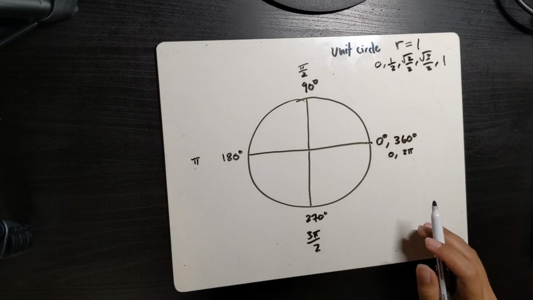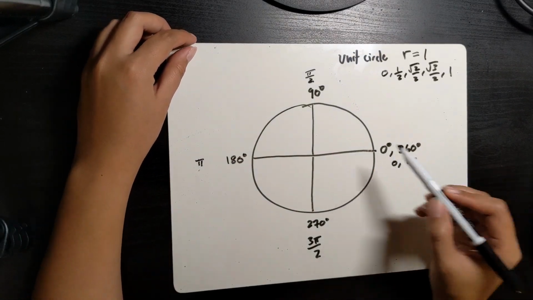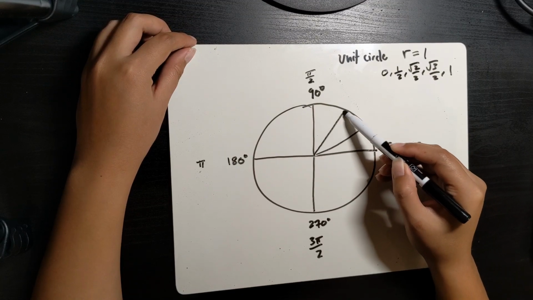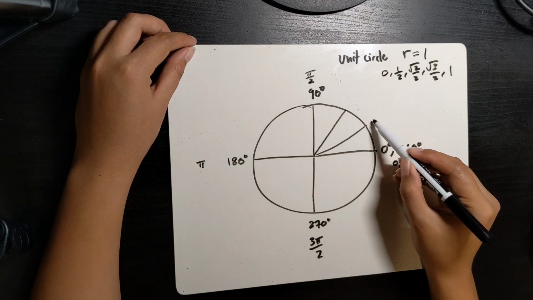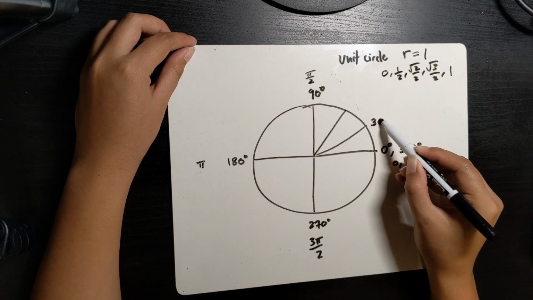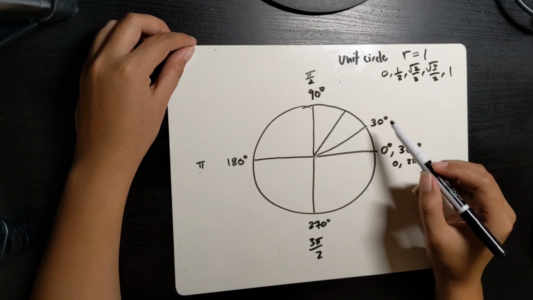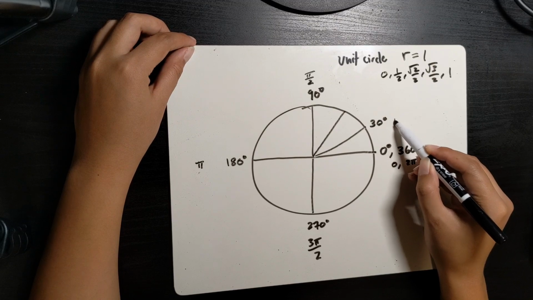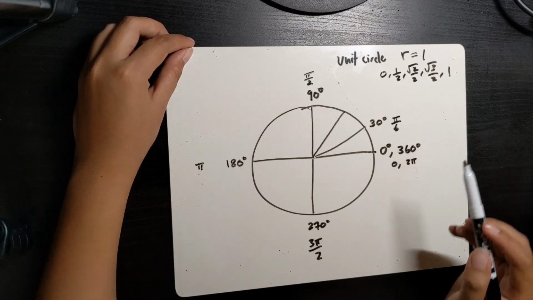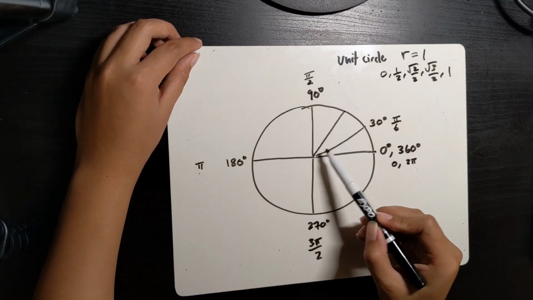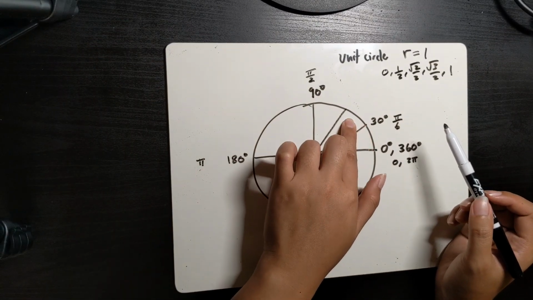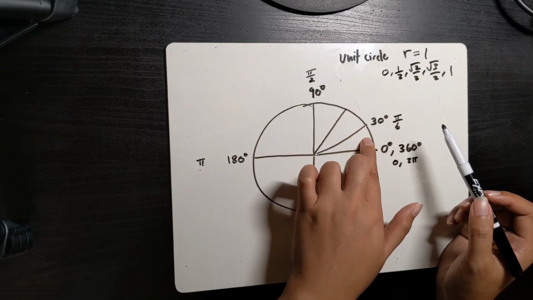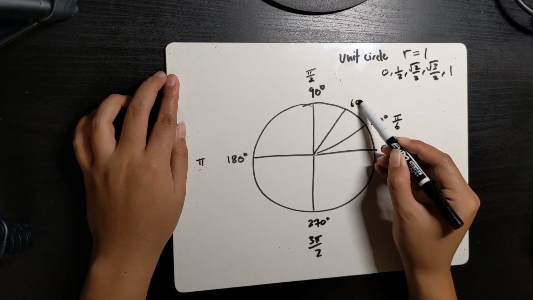Now, to complete the circle, we're going to further slice that pi, and we know that's 30 degrees, and that's also in radians pi over 6. This piece and this piece are equal, and each is equal to 30 degrees. So to get to here, we add another 30, we get 60 degrees.